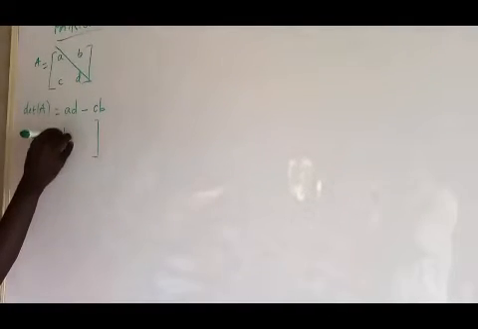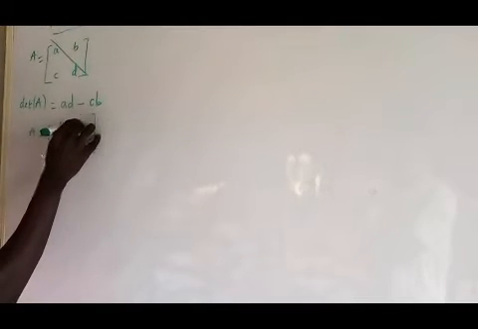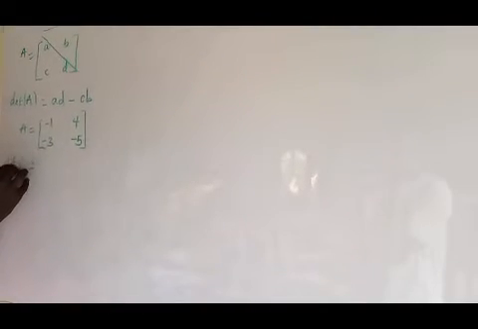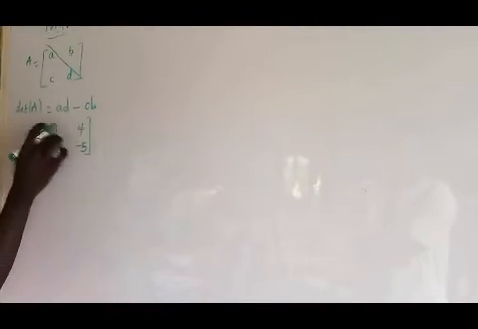Alright, let's see one more example under the 2 by 2 matrix before we go to the 3 by 3 matrix. So let's say I have minus 1, minus 5, minus 3, and 4. Now, very simple. Don't forget, it is this times this first.